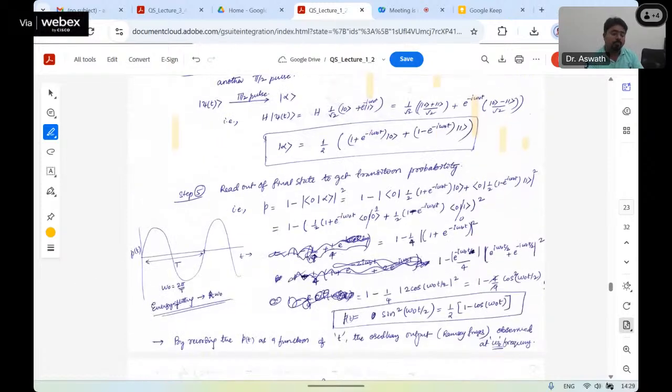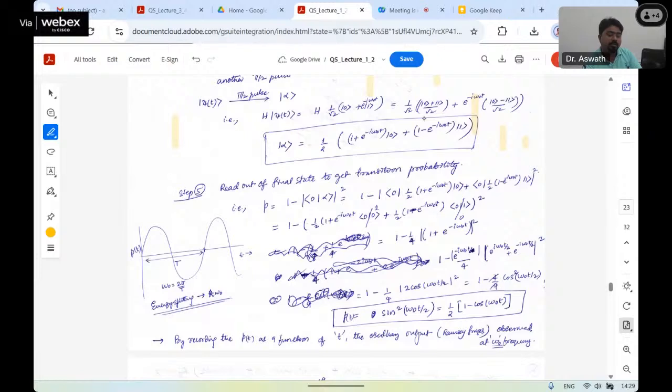Okay, so observable basis elements here you see there is a 0 ket, there is a 1 ket in the alpha. Okay, fine. Now I just find the probability, if I make an observation on this system, what is the chance of getting 0 ket? What is the chance of getting 1 ket? That I can easily make out.